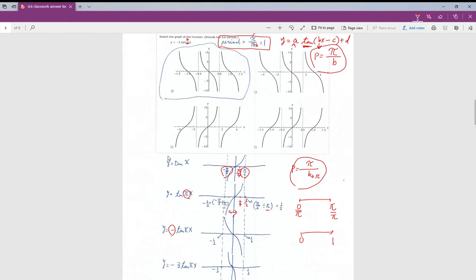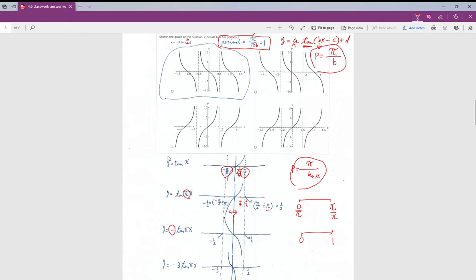This question, we try to graph -3 tangent pi x. And I show you all the steps here, how to graph. Okay, so let me write down.